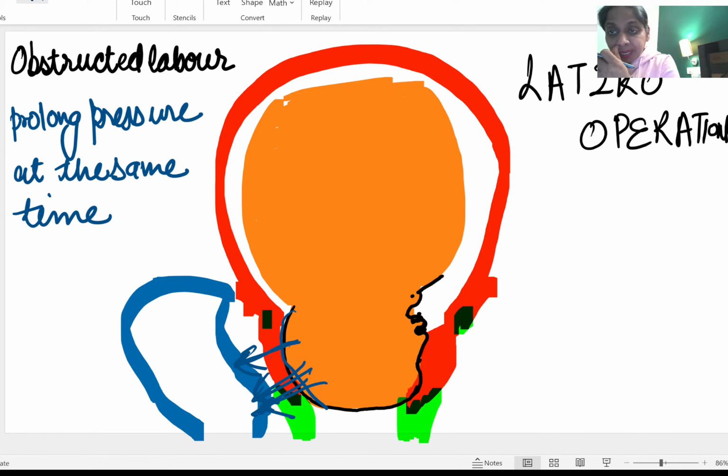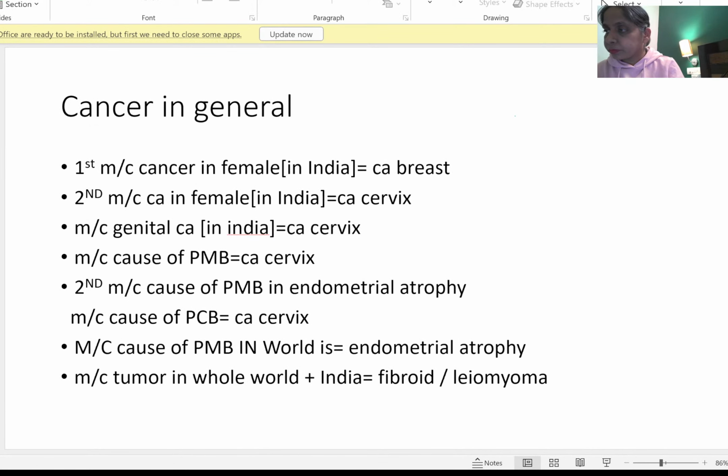Okay, let's start with cancers. First of all, which is the most common cancer in females? When such a question comes in your exam, whether they have written India or not, it means it is in India. Are you able to see the oncology PDF?